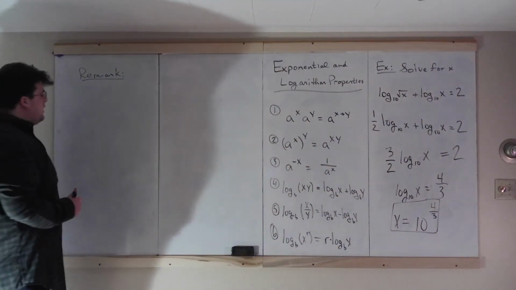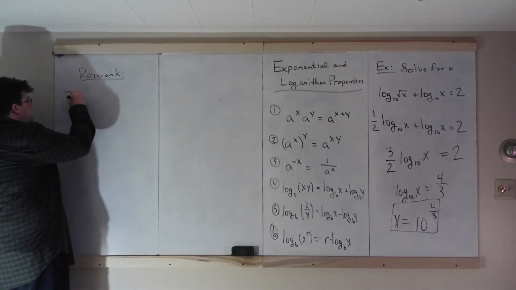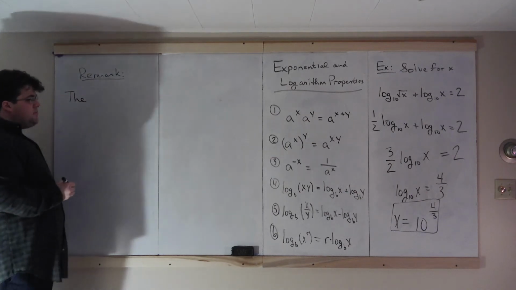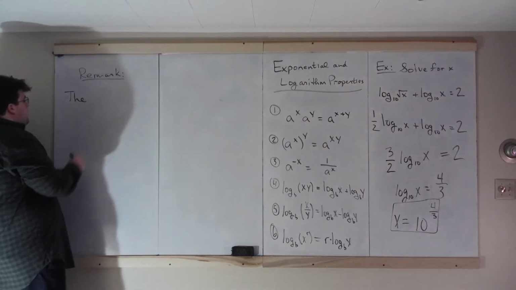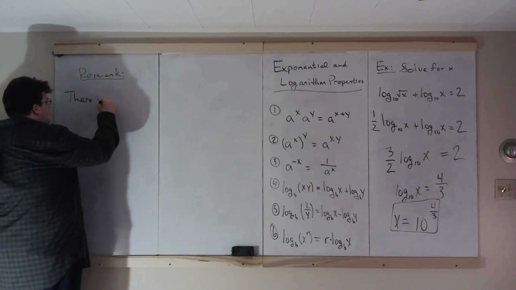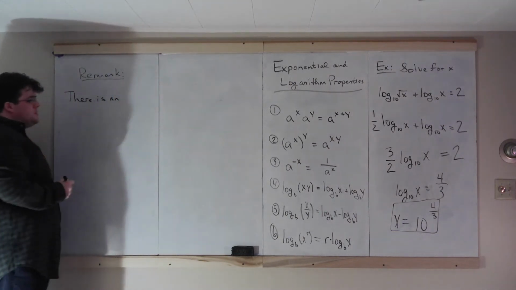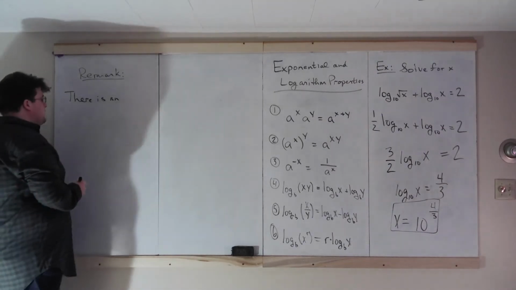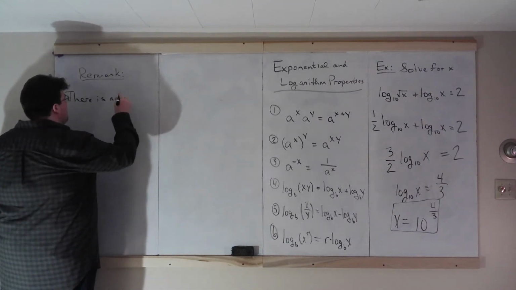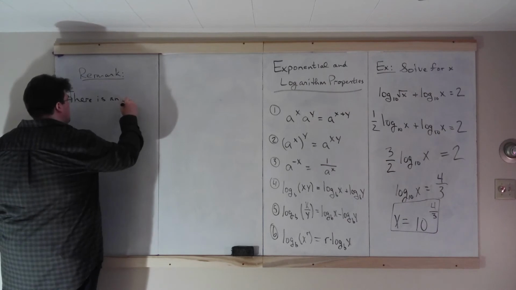One final remark on logarithms. Logarithms can take any base larger than 1. But there's a specific base which is a lot more important, at least in calculus and many other branches of math and physics and chemistry and all science.